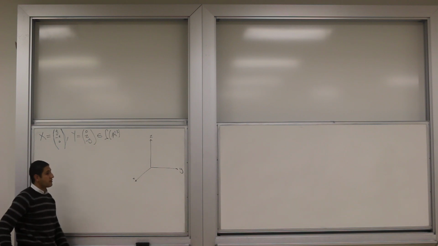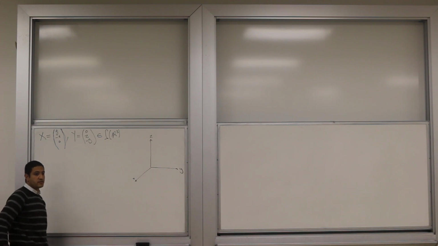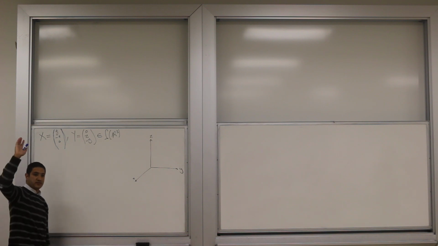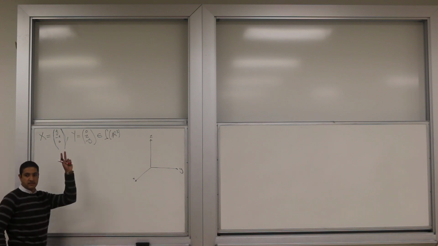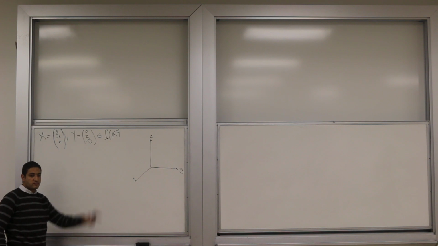Now, R3, what do you think of R3? Anybody thinks R3 is a manifold or not? Who agrees that R3 is a manifold? This three-dimensional space that we live in is a manifold. Who doesn't agree that it's a manifold? Anybody remember what we mean by a manifold?